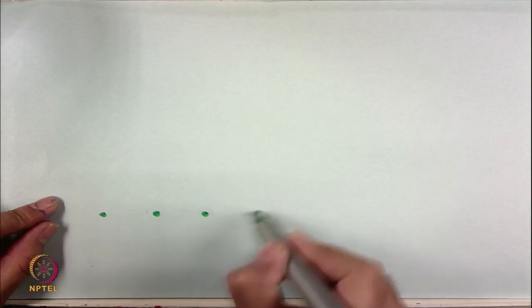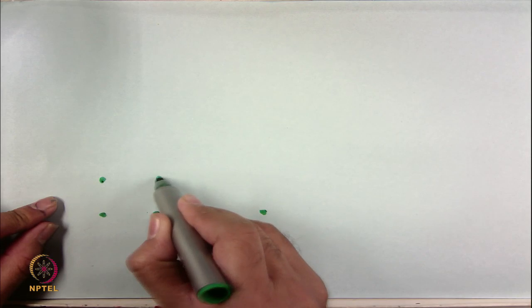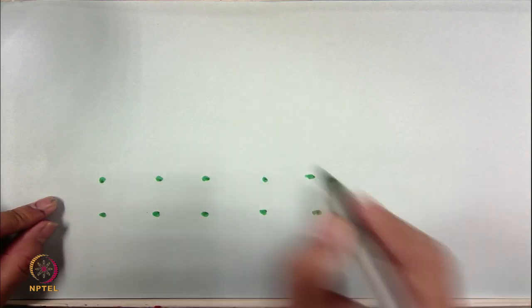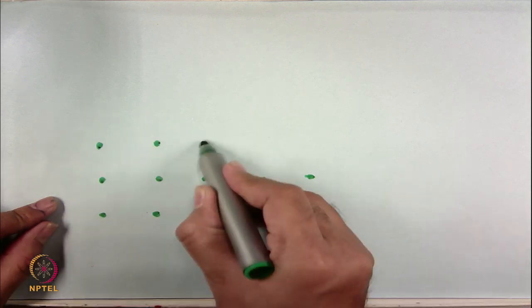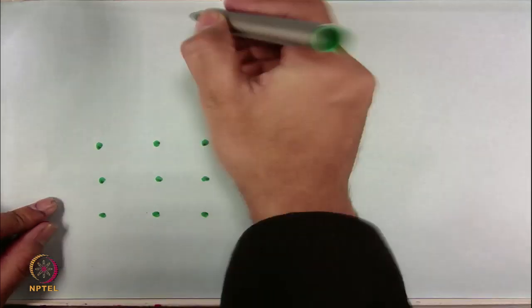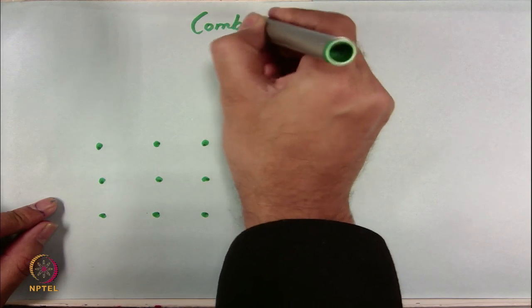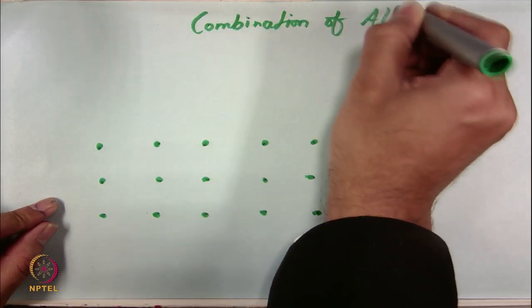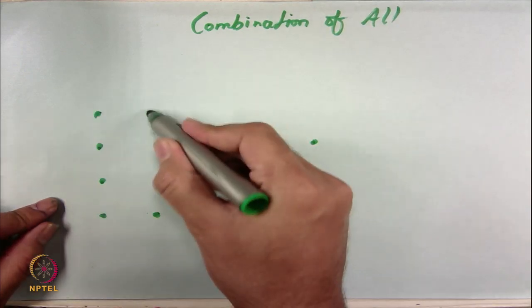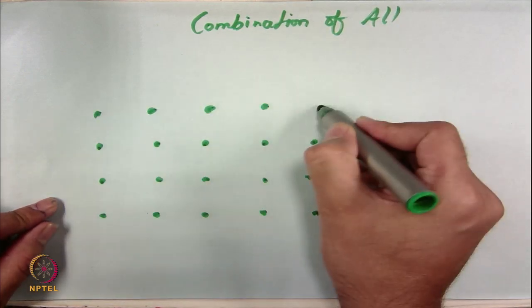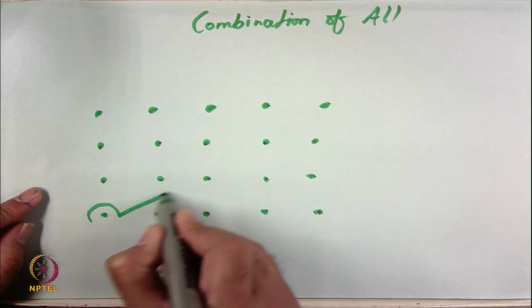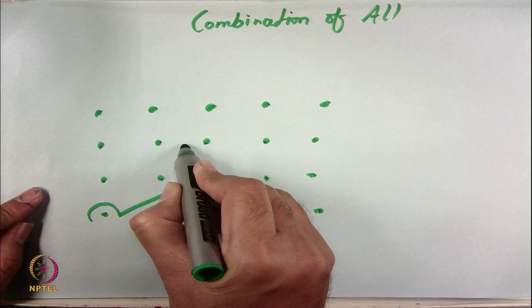So, I am just giving you a hint: combining all, a combination of all. For example, let us suppose I am doing this.